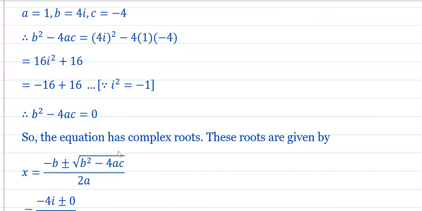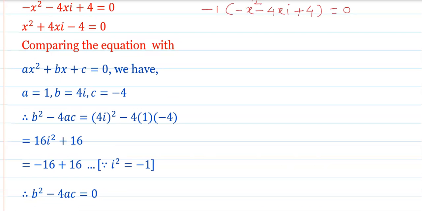Okay, so the equation has a real root. These roots are given by x equals minus b plus or minus root of b square minus 4ac upon 2a. The value of b is 4i.